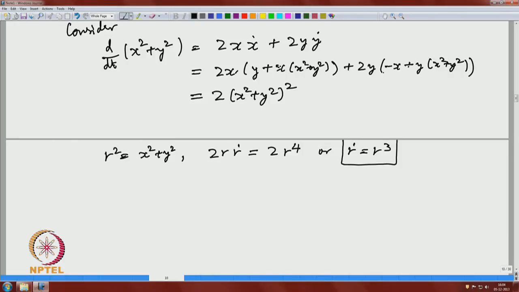So, r dot is r cube, so r is always increasing. So, the trajectories go away from the origin. So, you get 0 0 is unstable for the original system.